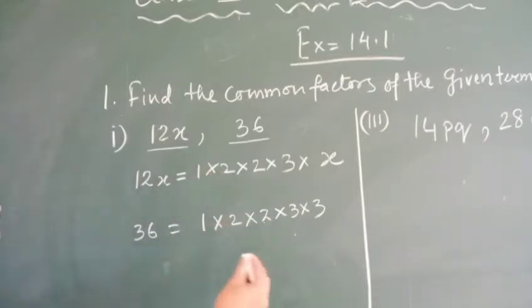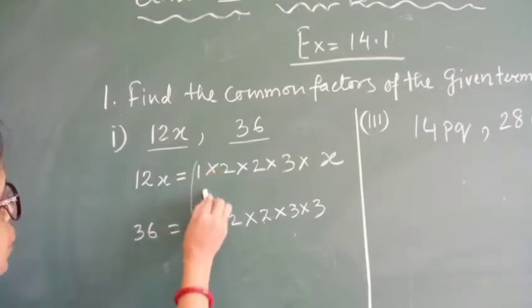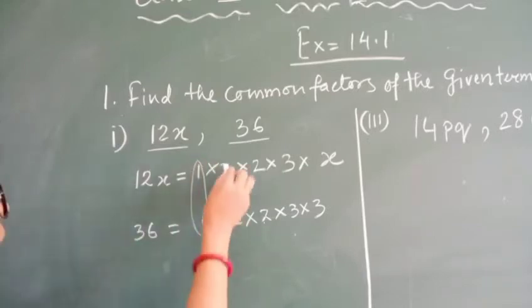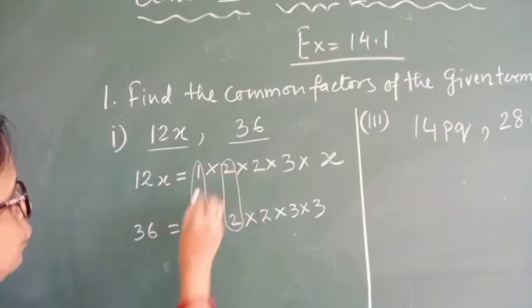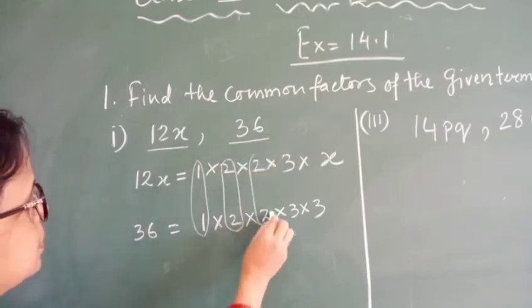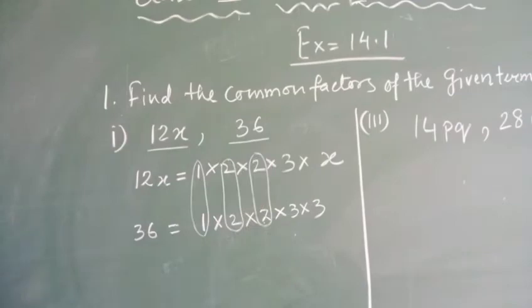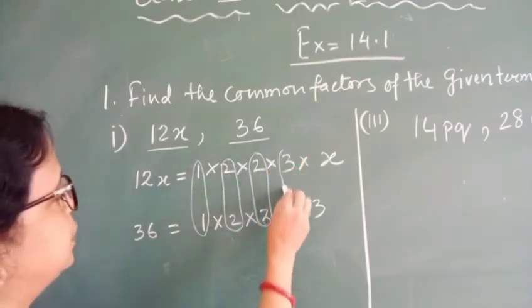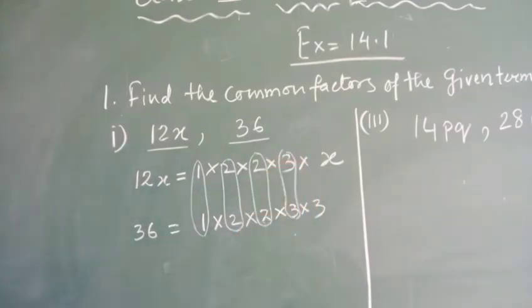So what are the common factors? 1 is always a common factor. Now 2: you can take one 2 from both the numbers, another 2 also from both the numbers, and 3 also from both the terms.